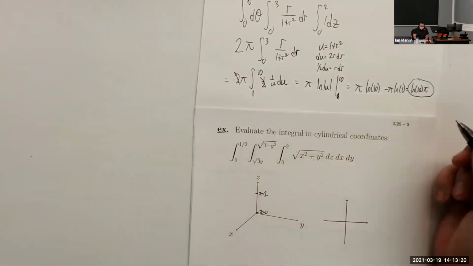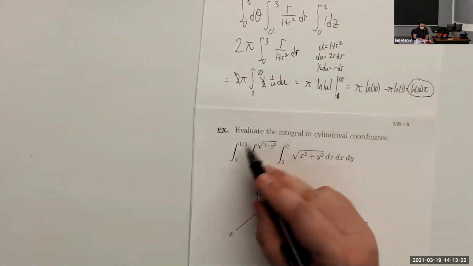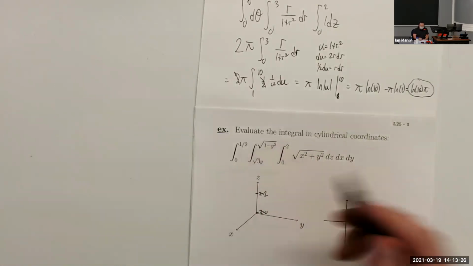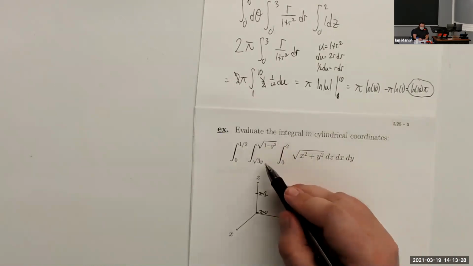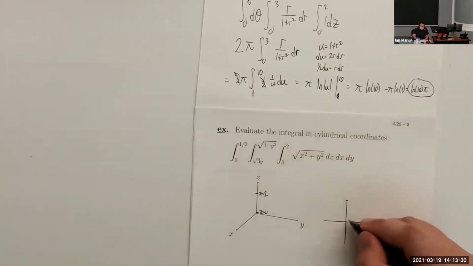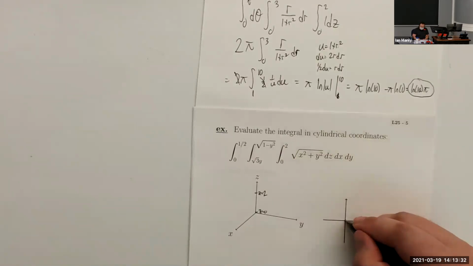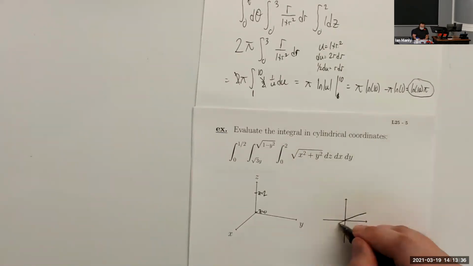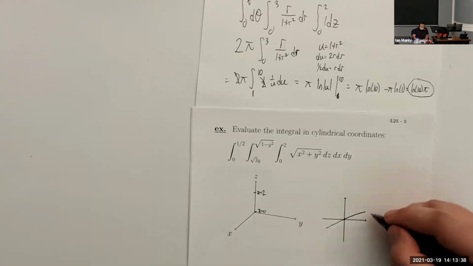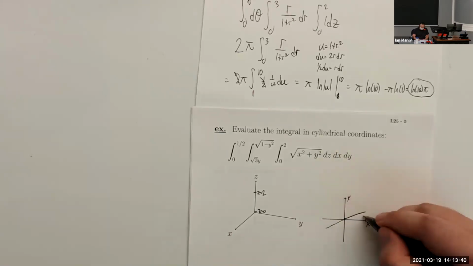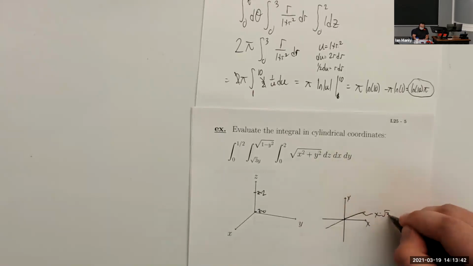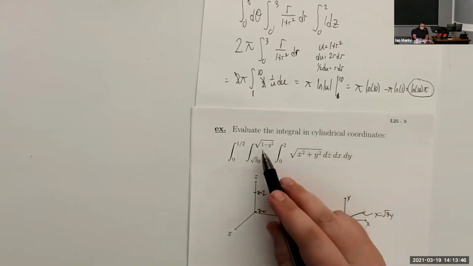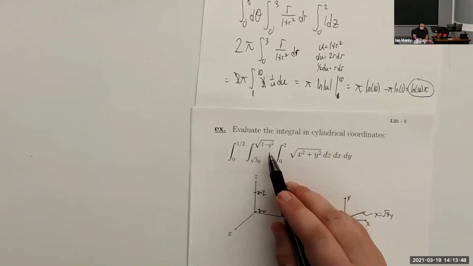Okay. This time our xy drawing will be a bit different. So we have x is √3y as the lower bound for x. So x is √3y is kind of something like a diagonal line like that. So this is x is √3y. And then the other one is x is √(1 minus y squared).